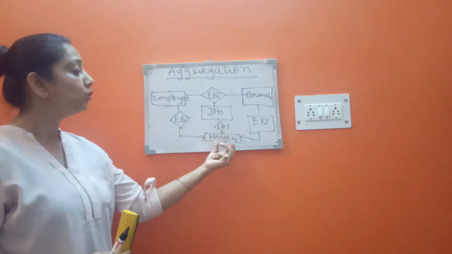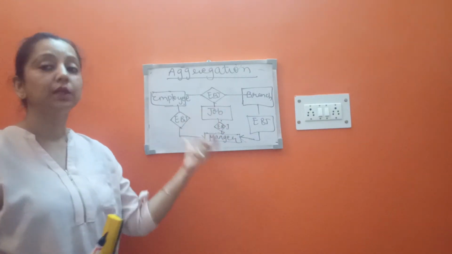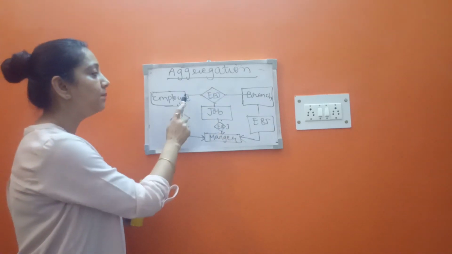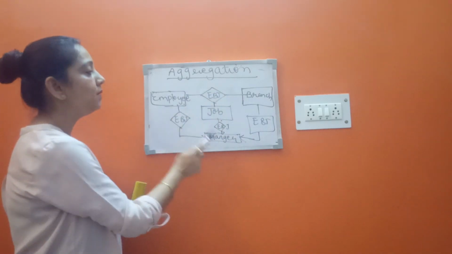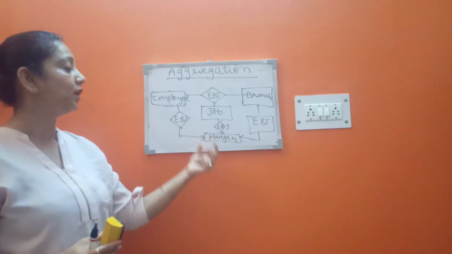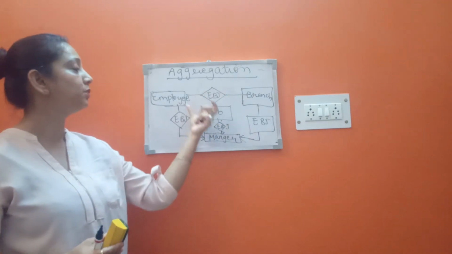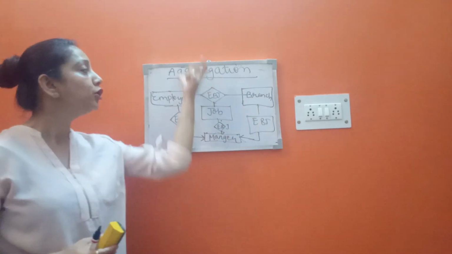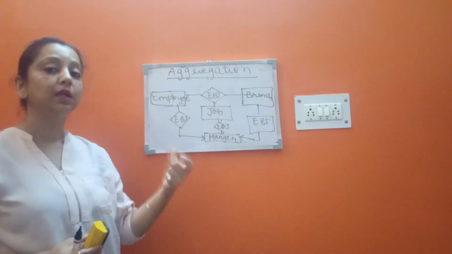So through this diagram, it becomes a little complicated to understand all this. It is a very complicated diagram. Employee, branch, employee, manager, branch, manager, manager, job. So when I want to find out which manager is taking care of which employee and assigning him which job at which particular branch, through this diagram it becomes a little complicated.